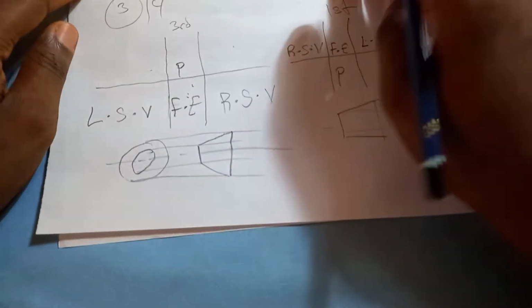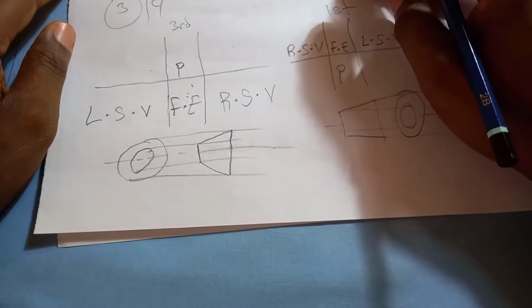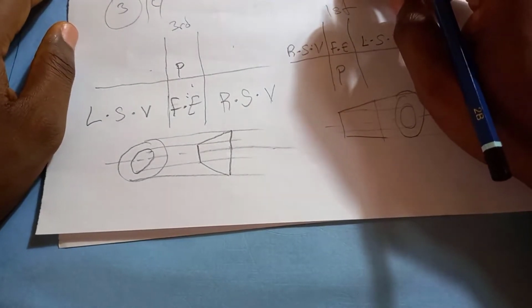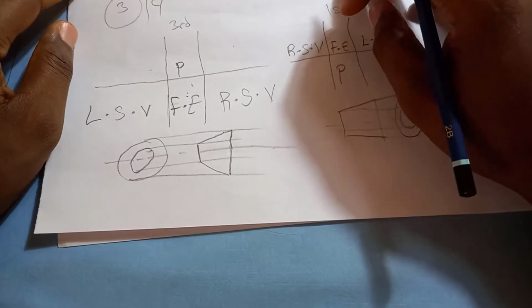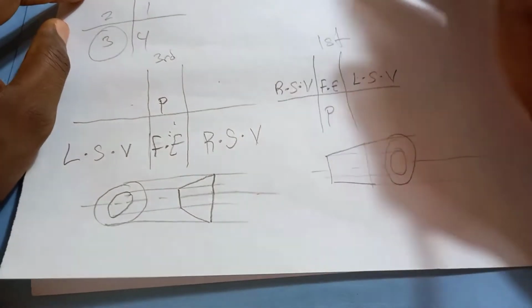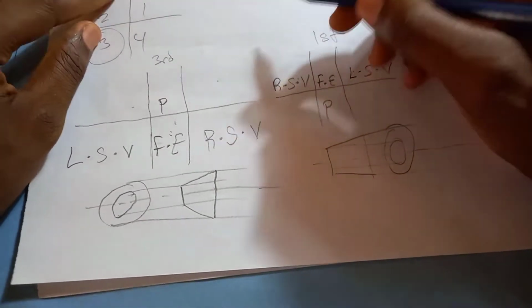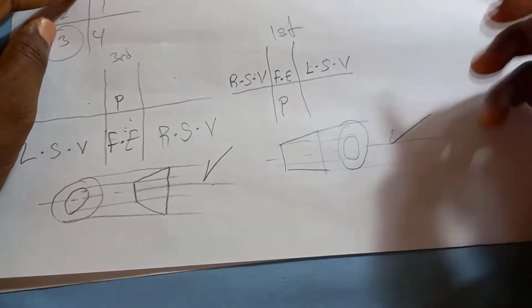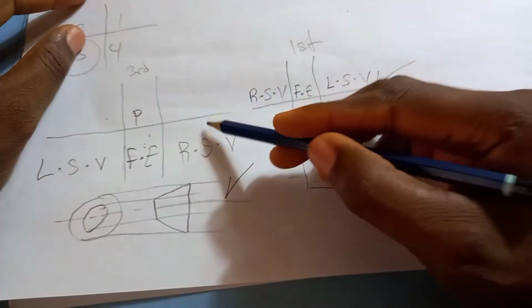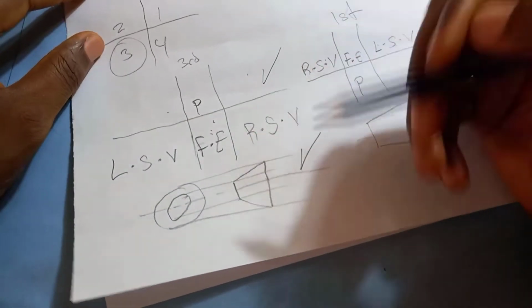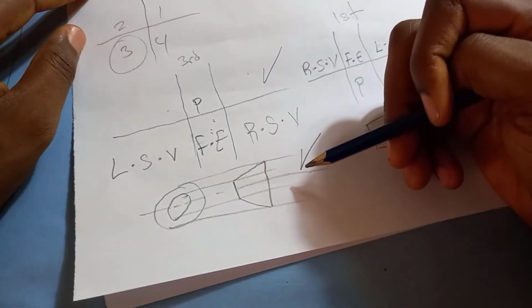Something like this. This is all rough, but in further tutorials I will construct it perfectly. So these are the differences between the first and the third. This is the third, this is the first. So let me go on to why this is like this.